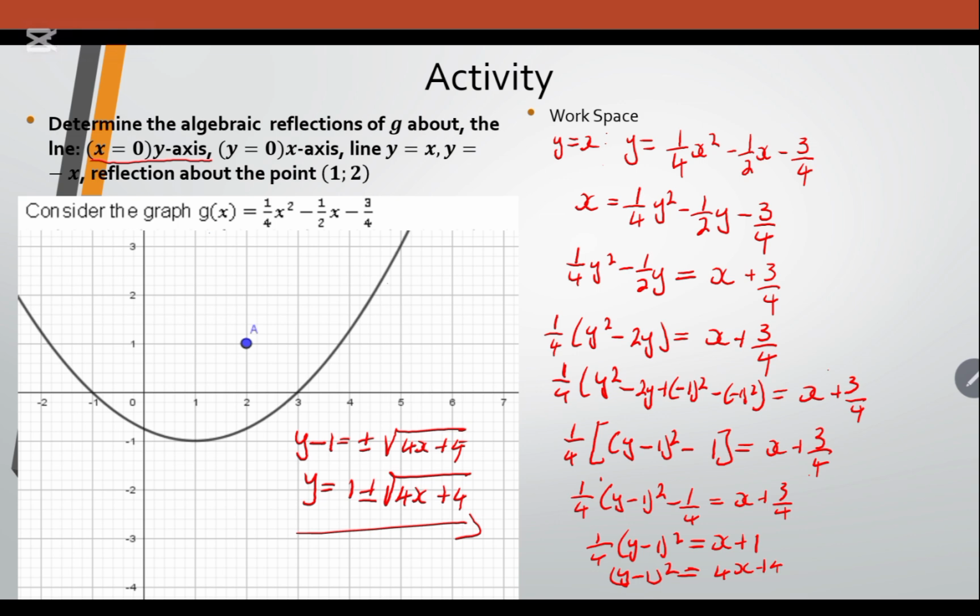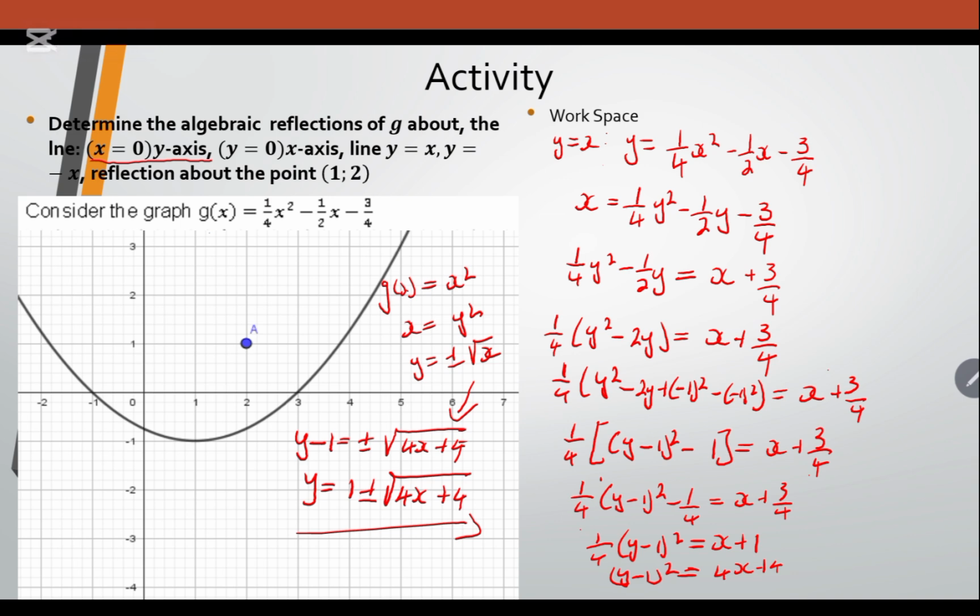For example, if g of x was y is equal to x squared, that is a parabola. So you will simply swap the coordinates, that will be x is equal to y squared, and you take the square root both sides. y is equal to plus or minus the square root of x. Hence, we have such kind of expression. So that is the reflection about the line y is equal to x.